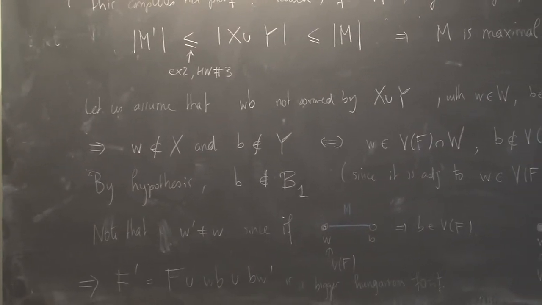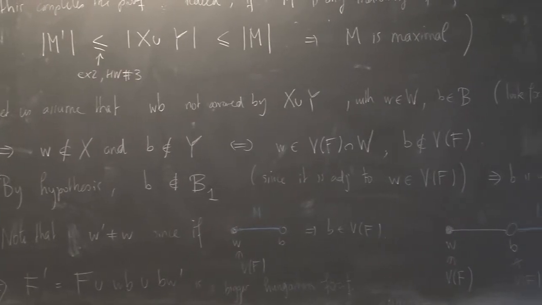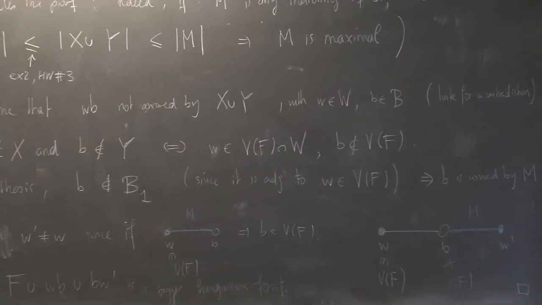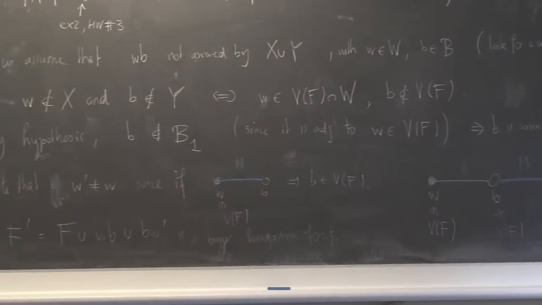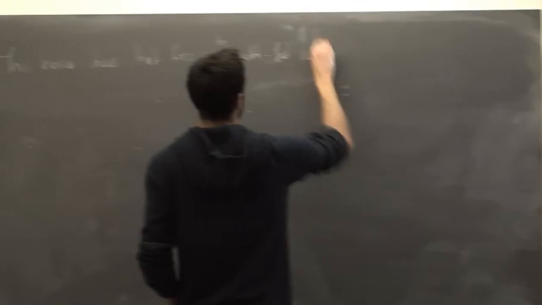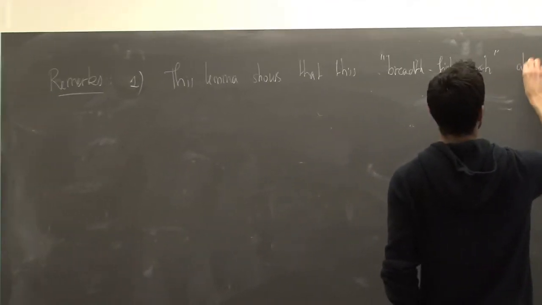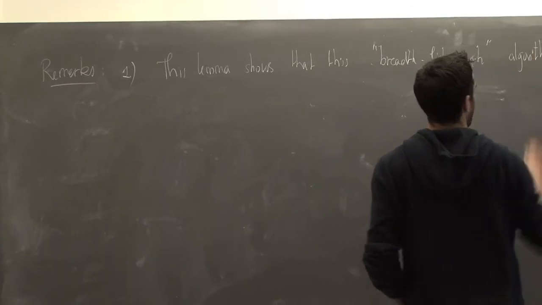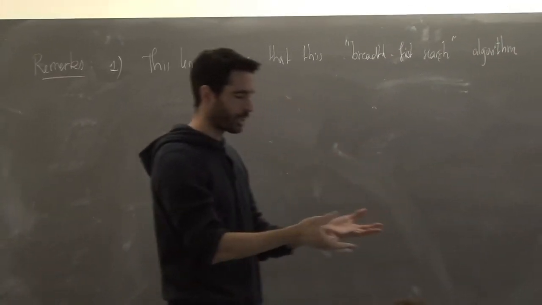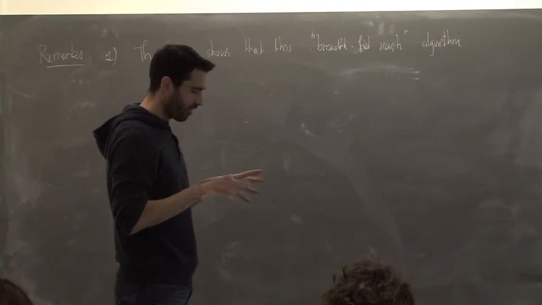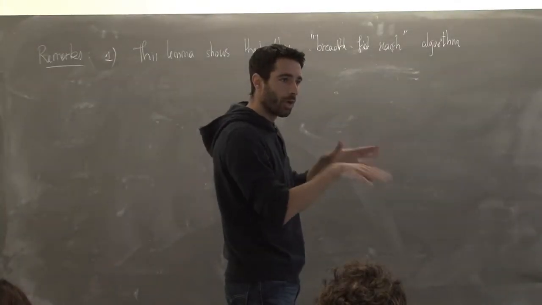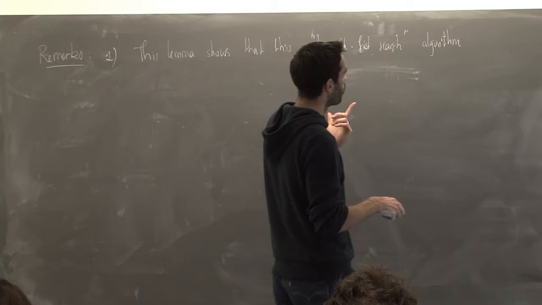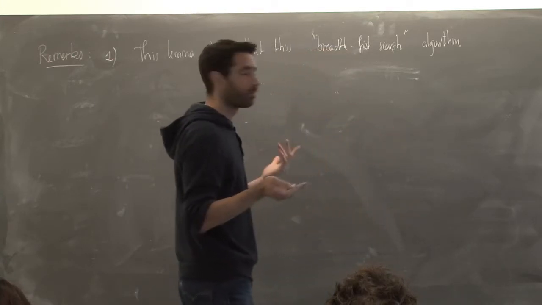First remark, this lemma really shows, as I said already, that this algorithm, this breadth first search algorithm, meaning you take a matching, then you fix all the white vertices that are not covered, and you start building this forest like this. And you just go as far as you can. It means that this will find an M augmenting path if there is one.